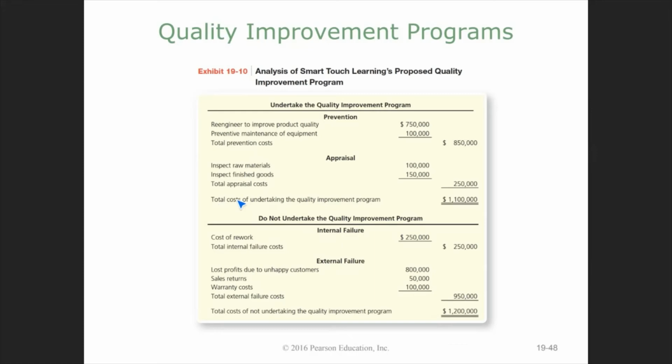So the total cost of undertaking the quality improvement program equals this plus this. So the total cost of undertaking the quality improvement program, that equals the total prevention cost plus the total appraisal cost. Okay, thank you. No problem.